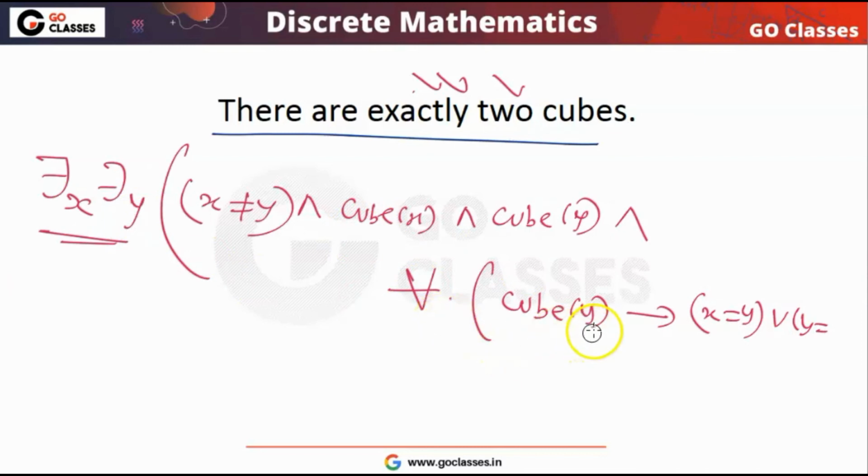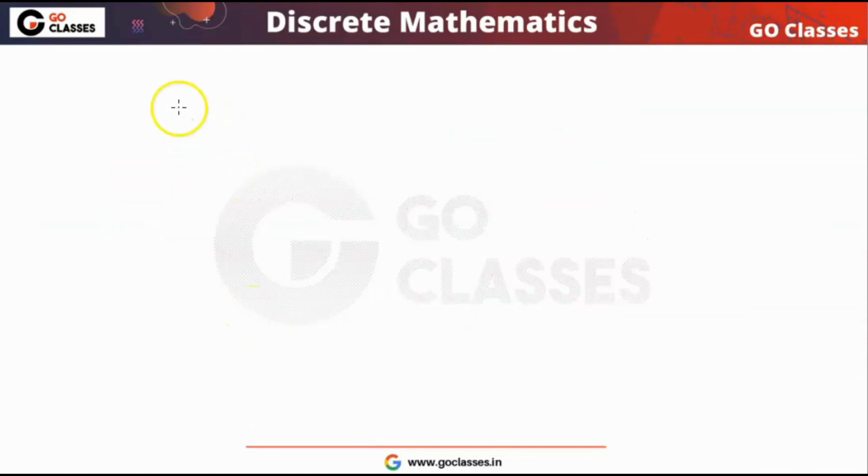So let's take all z, means for all z, see what we can say. We can say that for all z, if z is cube, then definitely this z must be either same as x, or this z must be same as y. So this is the expression. The idea is very simple. The same idea we have applied in exactly one cube. Do you remember this?